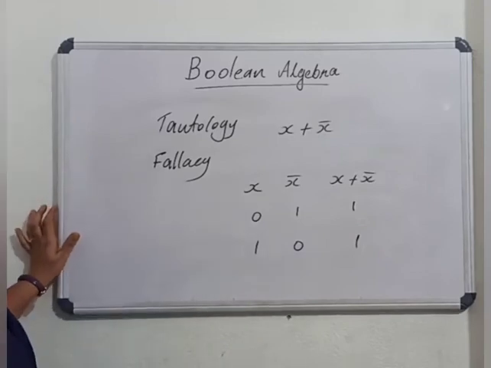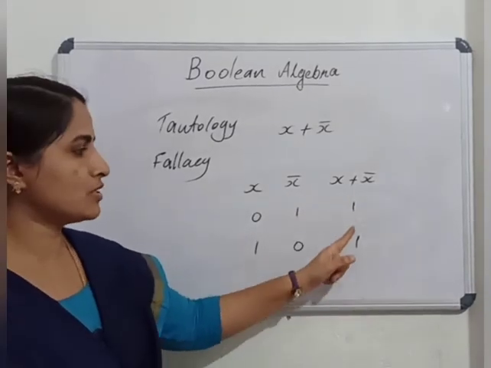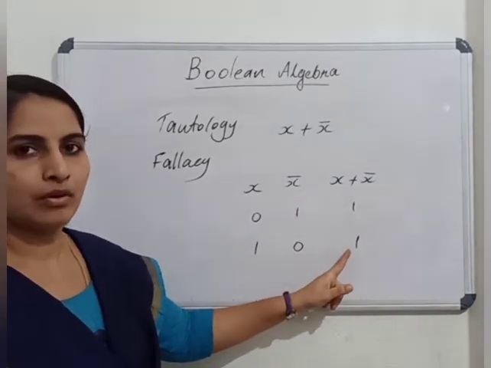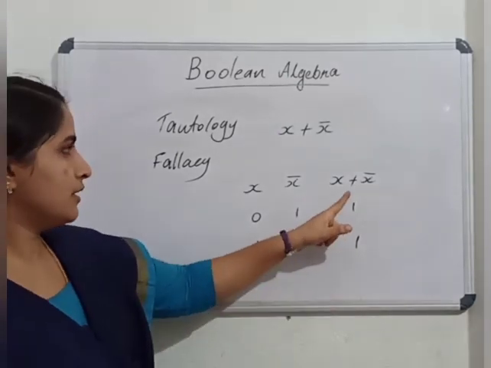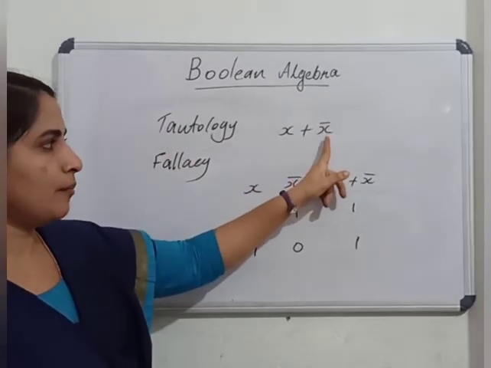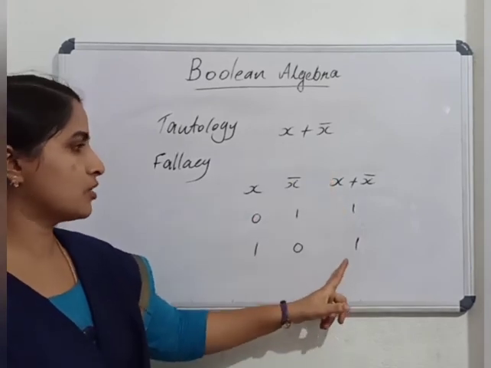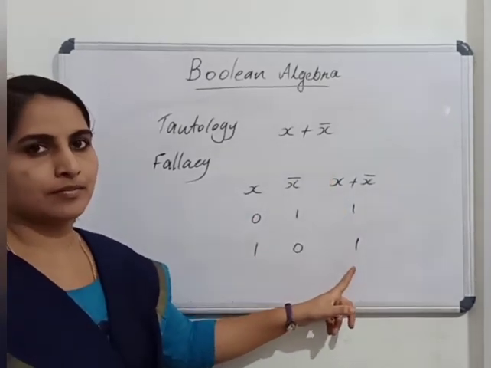See the speciality? Compare input and output. The output is always 1. So we can call this a tautology. If the result of a Boolean expression is always true, it is called a tautology.